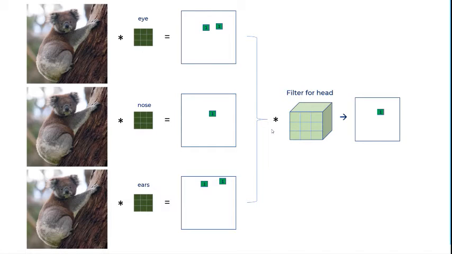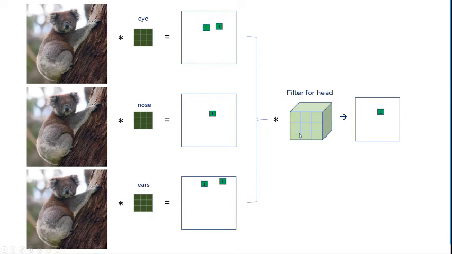In case of koala, my eye, nose, and ear filters will produce 3 different feature maps, and I can apply a convolution operation again. And let's say this time the filter is to detect the head. By the way, the filter doesn't have to be 2D. It can be 3-dimensional as well. So just imagine this first slice is representing eyes, the second slice is representing nose, and the third slice is representing ears.